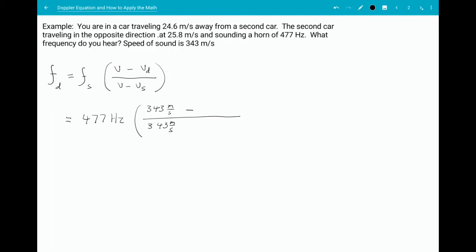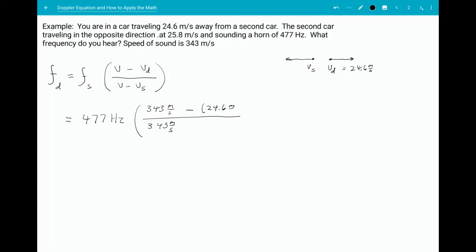Now, let's sketch this so I know what direction. My source is moving away, so v sub s is going in the negative direction. And my detector is going the opposite direction, so it's moving in the positive direction. So this is equal to 24.6 meters per second.